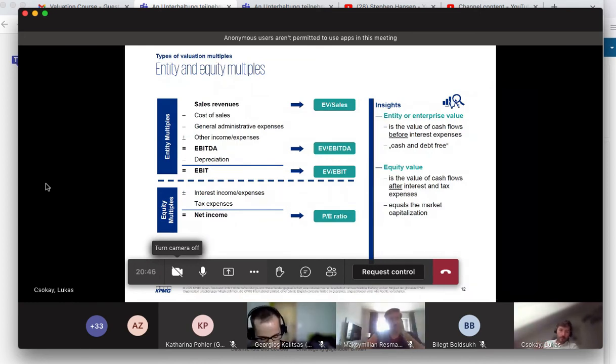Meaning, if you have two companies with the same revenues and totally different EBITDAs, then one company is more profitable than the other. So if you apply EBITDA multiples to your company's EBITDA, you really incorporate the profitability metric in your multiples. Whereas with sales, you don't incorporate that. It doesn't matter really.